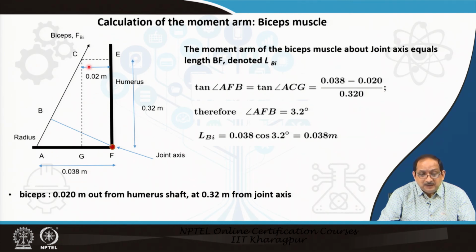So, we can locate the point C along the line of action of the bicep muscle based on the two given points. We can now calculate the moment arm LBI, the moment arm of the bicep muscle, using simple geometry.